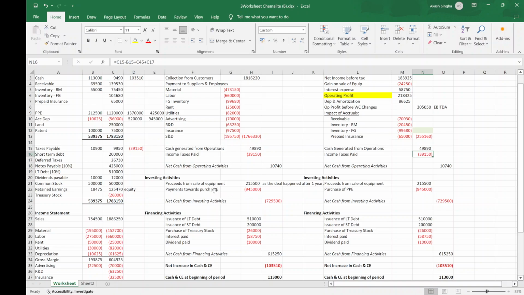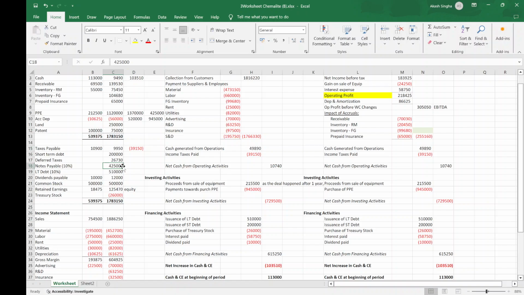So payment towards purchase of PPE is basically land bought for 2500, this amount, PP bought this amount. So adding those two, whatever the amount is, from that we have not paid for half, 425,000.